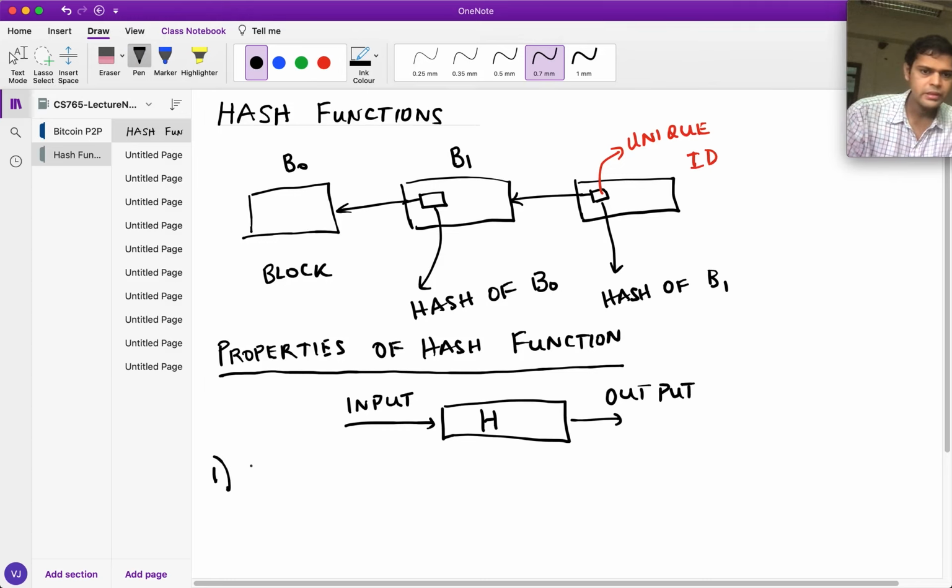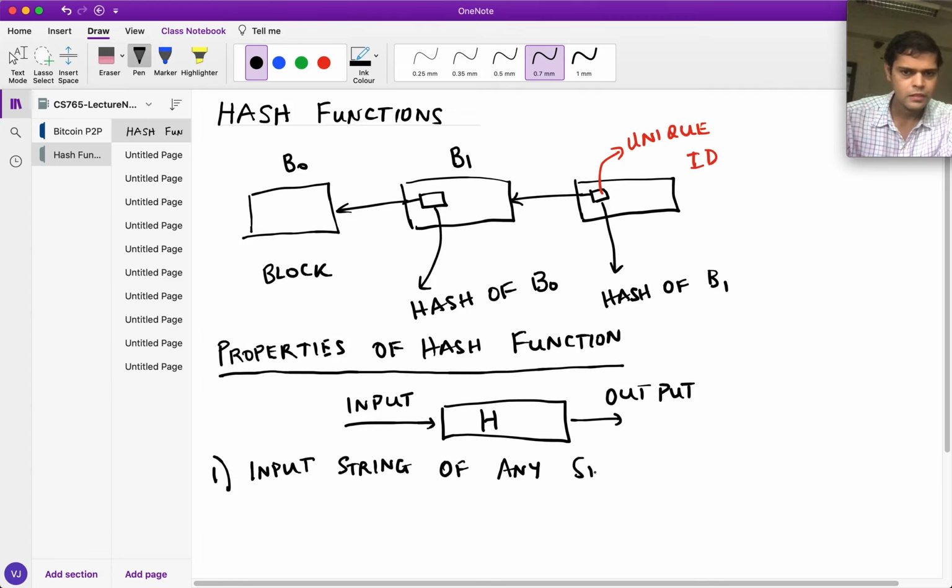So the first property is that the input bit string can be of any size. You can pretty much have any bit string of any length. It could be 10 bits, it could be 100 bits, a million bits, it doesn't matter.